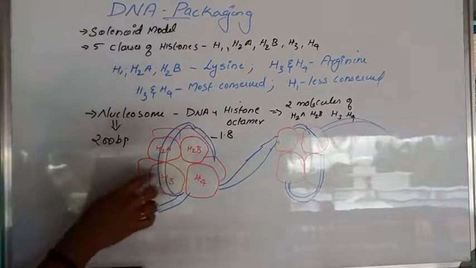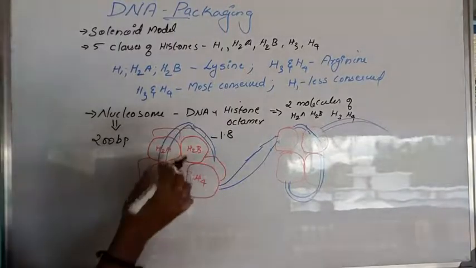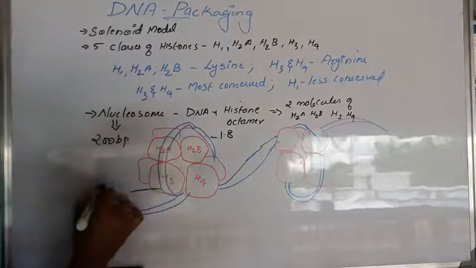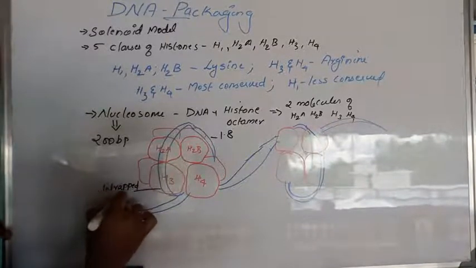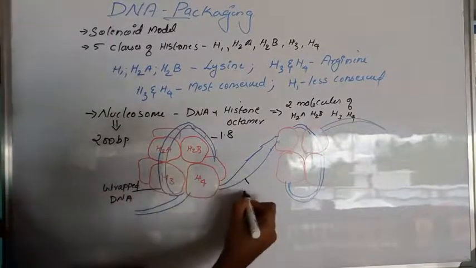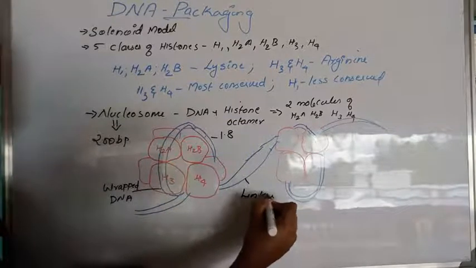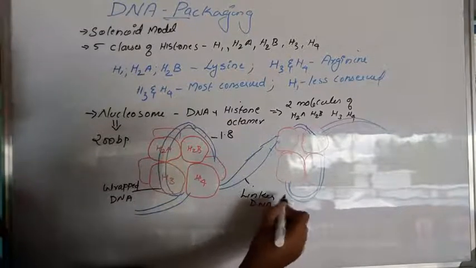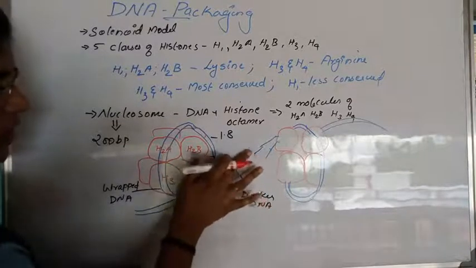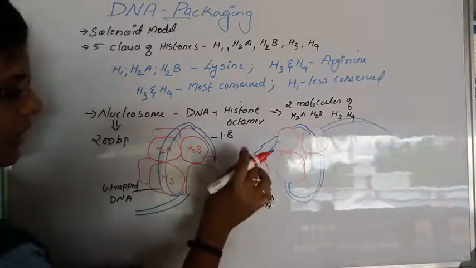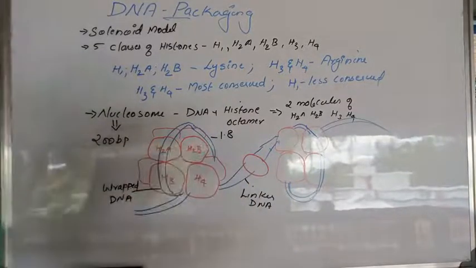This is the nucleosome with the wrapped DNA, and this is the linker DNA, which links the nucleosomes. You may ask, where is the H1 histone? H1 histone is present in the linker DNA.